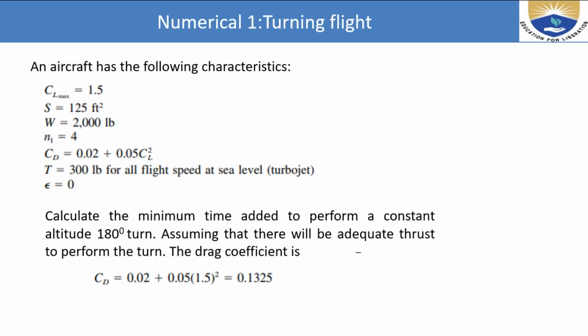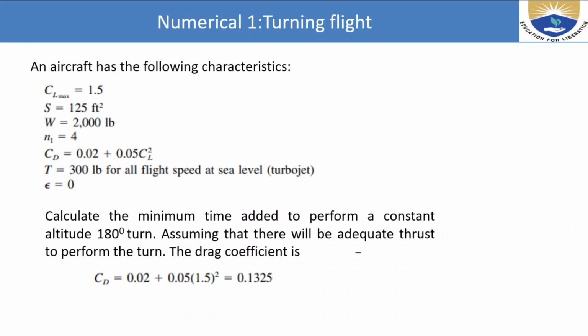An aircraft has the following characteristics: CL maximum is equal to 1.5, S is equal to 125 feet square, W is equal to 2000 pound, N1 is equal to 4, CD is equal to 0.02 plus 0.05 CL square, T is equal to 300 pound for all flight speed at sea level, turbojet engine, and epsilon is equal to 0.